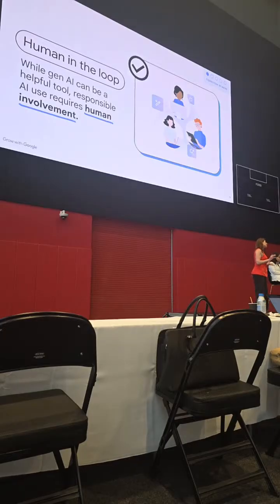Before I do, I heard someone talk a little bit about some of the ethics. This presentation doesn't specifically focus on that one topic, but I will say one thing that is really important is to maintain what we call the human-in-the-loop approach. And that means that AI is your tool.